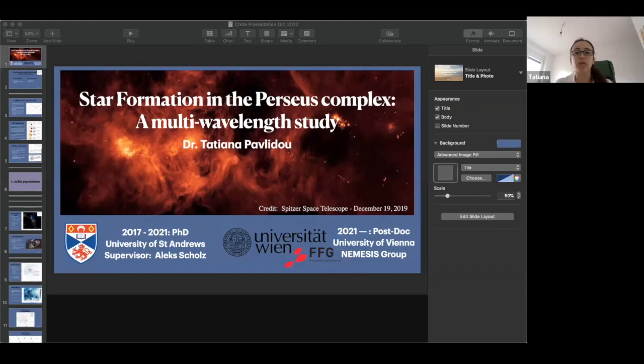To start with, I thought I would say a few things about why we care about stellar clusters. I'm sure many of you have heard and read that these are the birthplaces of stars, and therefore they're important in understanding star formation in general.